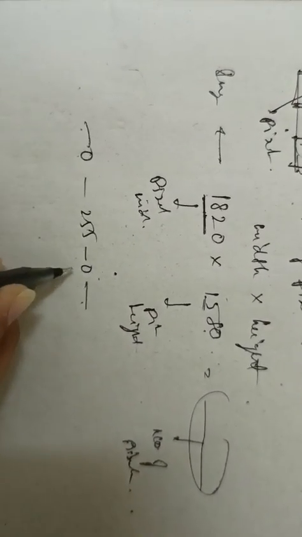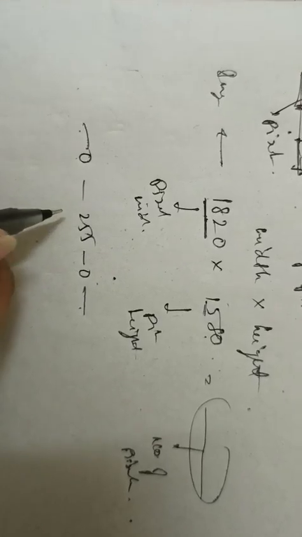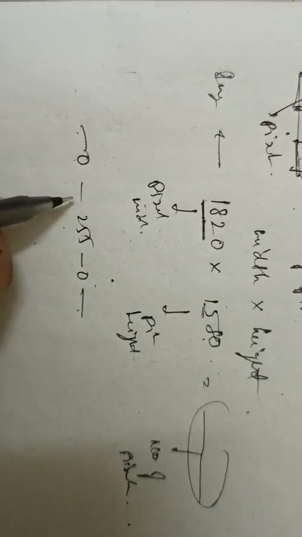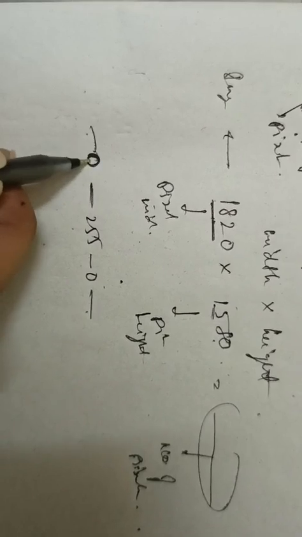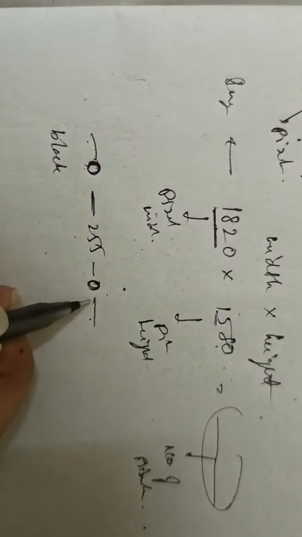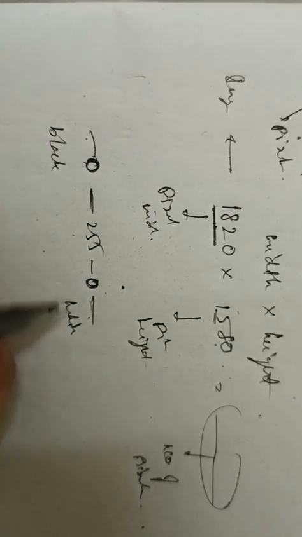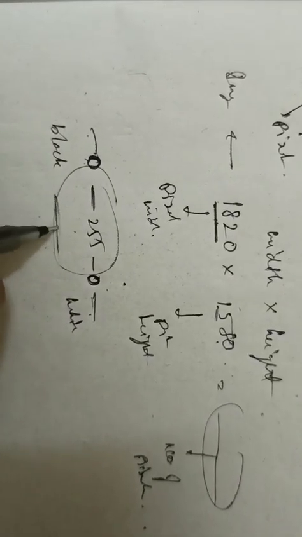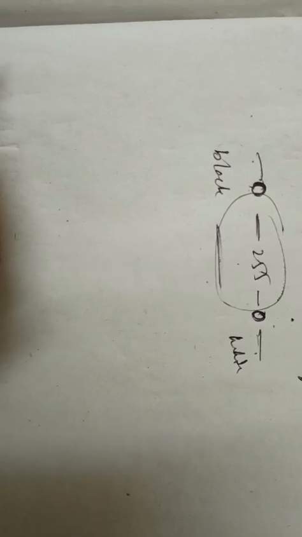This characterizes the intensity of colors. This extreme end 0 represents black and the other extreme 255 represents white. In between lie all other colors. An image is simply constituted of many pixels with their own respective width and height.